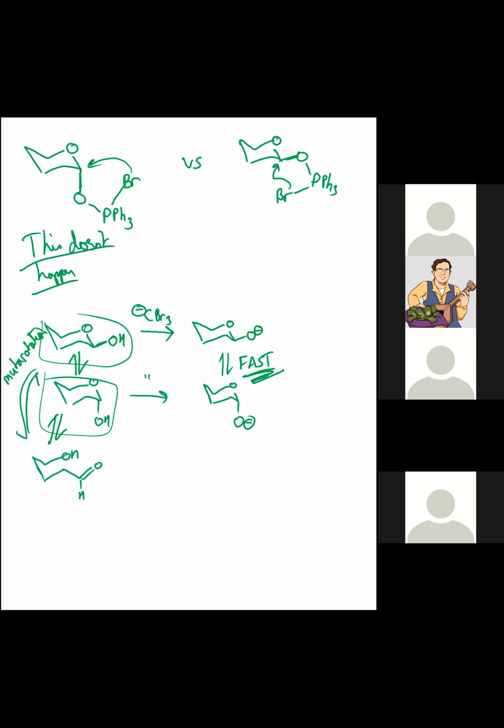Is it the alpha because of the anomeric effect? Okay, let's think about the anomeric effect. So the anomeric effect wants a low-lying sigma star, right? So you want a good leaving group. So what would be the leaving group in this case?